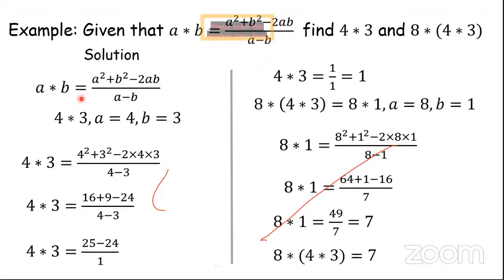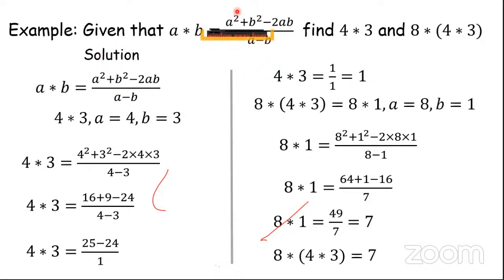We are given a star b equals a squared plus b squared minus 2ab, the whole thing divided by a minus b. This 4 is our a, and this 3 is our b. Now we are going to substitute in this equation up here.